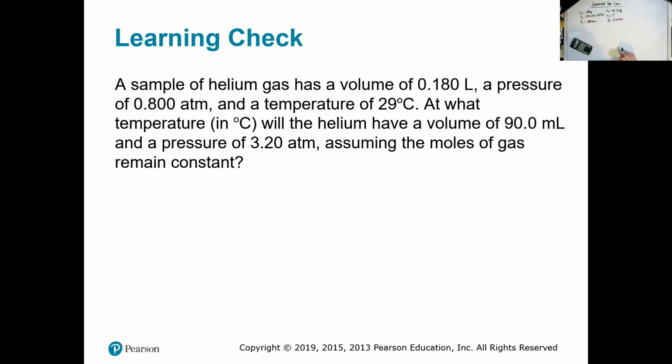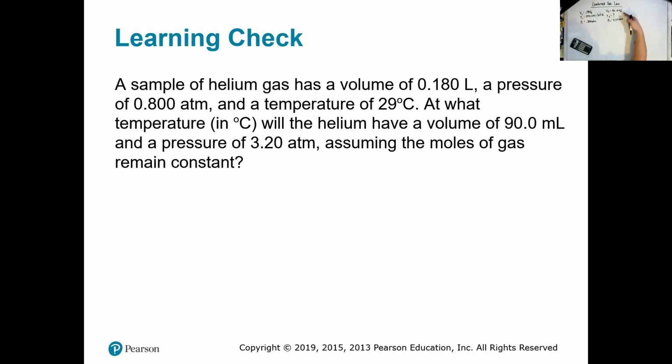For our combined gas law, there's not one specific volume unit that we must use all the time, but the volumes that we use have to match each other. So we either have to represent both volumes in milliliters or both volumes in liters. It does not matter which one you choose, but they must match.